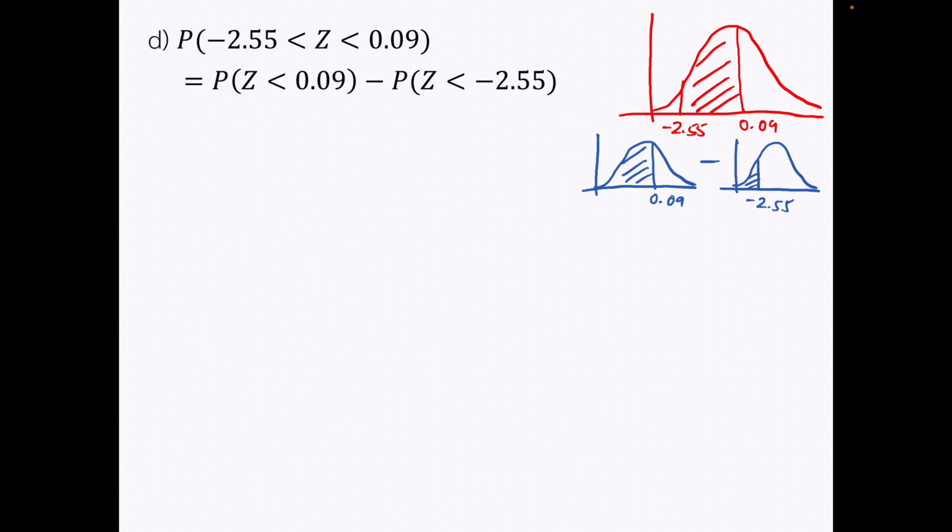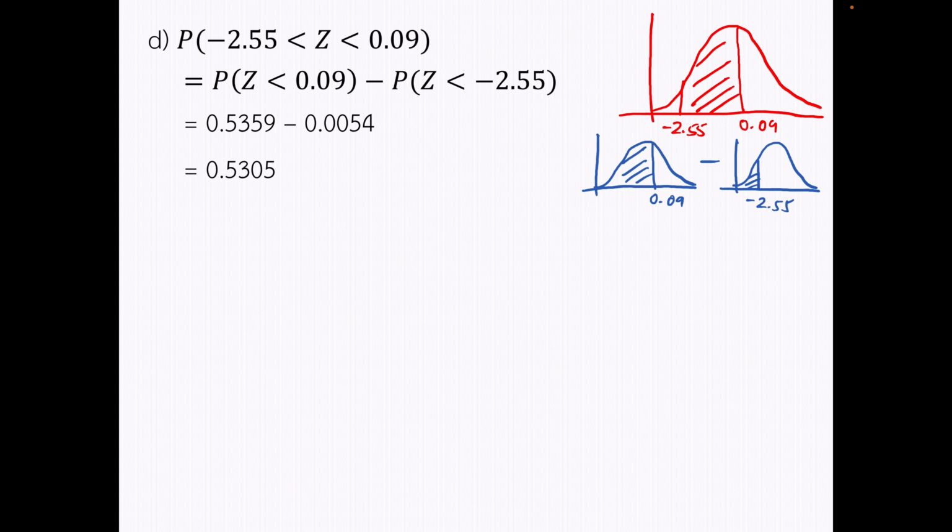Then you get the shaded area between the two. So begin with P of Z less than 0.09 and then take out this much.